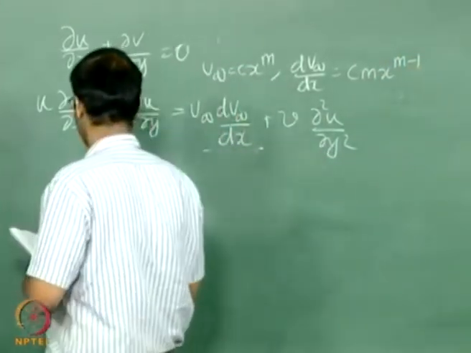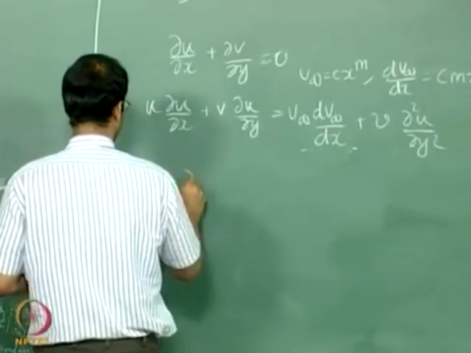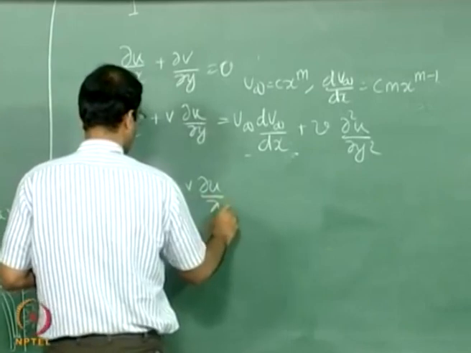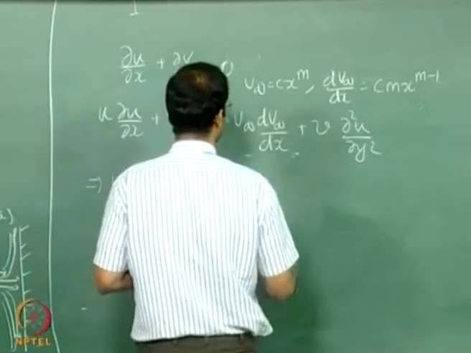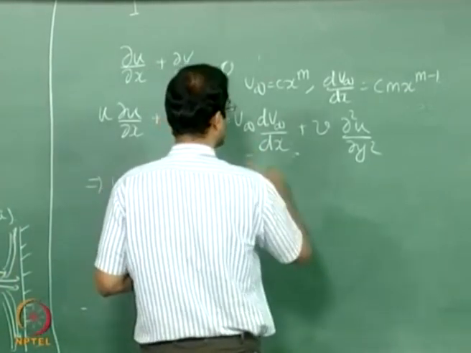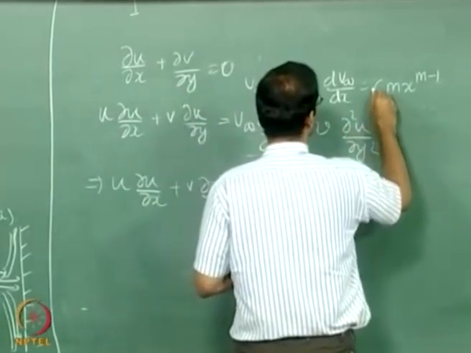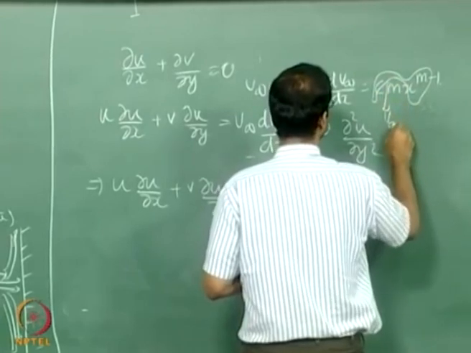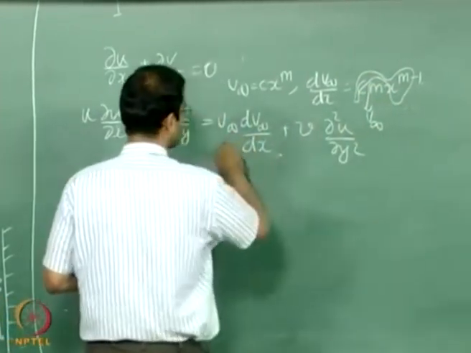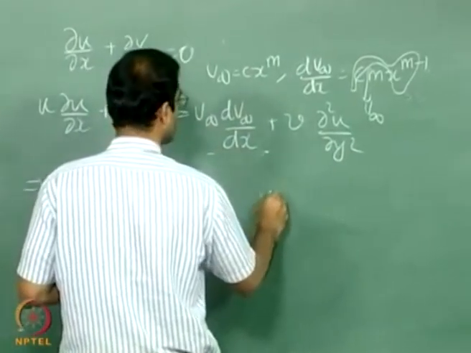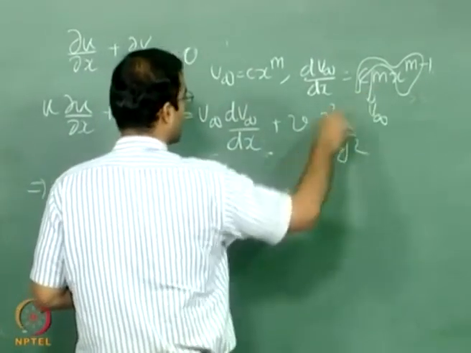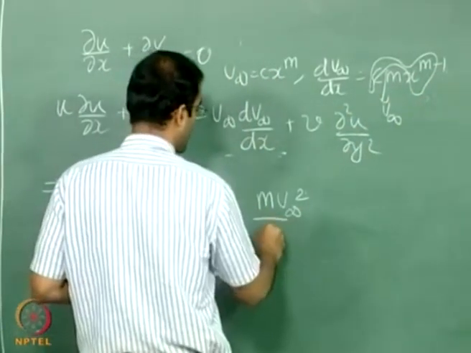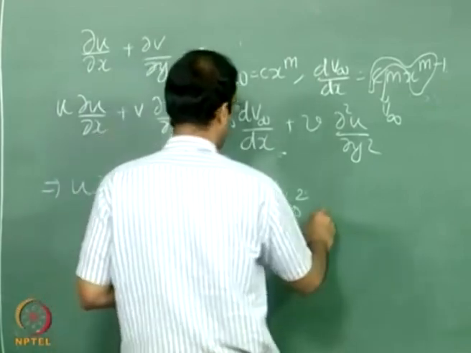So this becomes u du dx plus v du dy equals, I can write again u infinity, since this c x power m is nothing but u infinity. So I have one u infinity here which I club together as u infinity square, and apart from that I have m and x power minus 1. So I can write this as m by x plus nu.